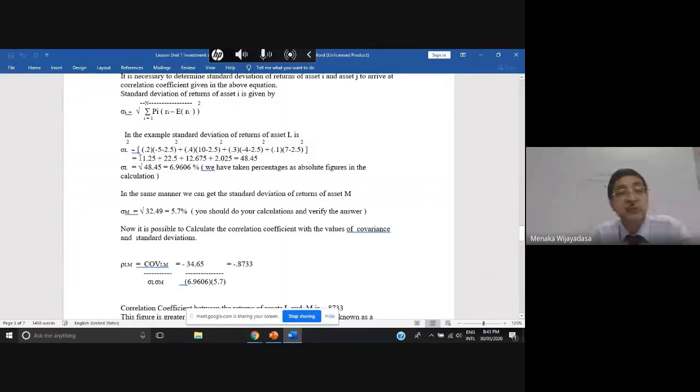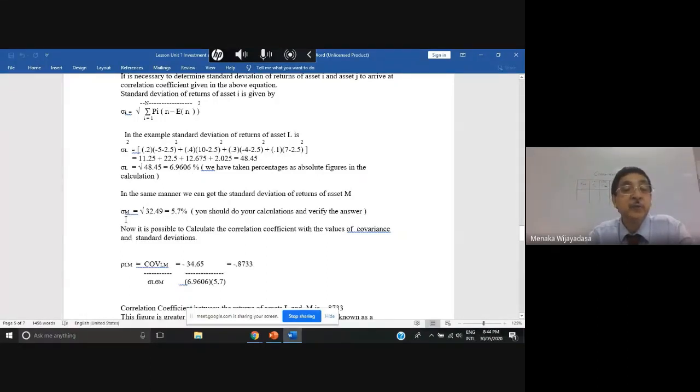Sigma L squared is equal to 0.2 into, now -5 is the return, and -2.5, that's squared. Now you can see the way it is being calculated. There you get the value sigma L as the square root of 48.45, that is 6.9606. This is the standard deviation of returns of L, 6.96.